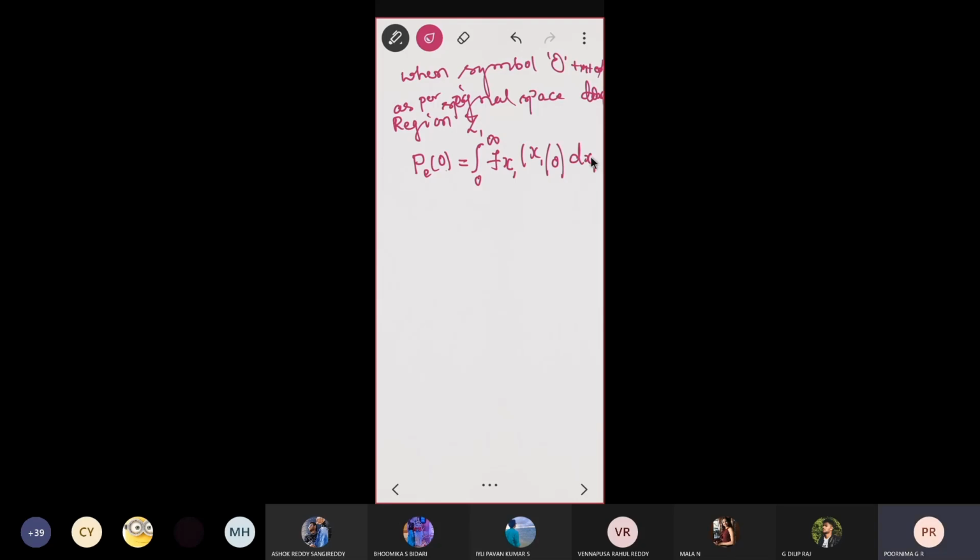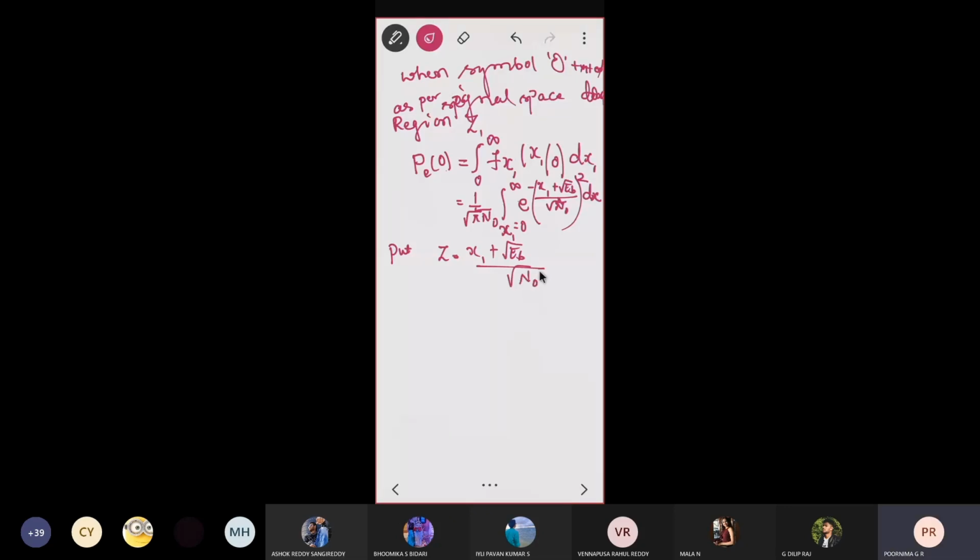minus (x1 plus root Eb) divided by root of N0, whole square, into dx1. Now here put z equal to (x1 plus root Eb) by root N0.